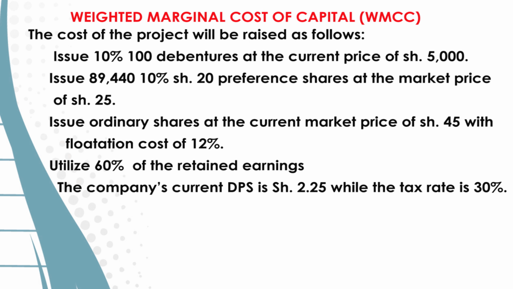Now, candidates, we are studying the subject using the English language. Look at that language. Issue 89,440. So that is the number of preference shares because there are no shillings before the 89,440. We multiply it with the market price of one preference share.